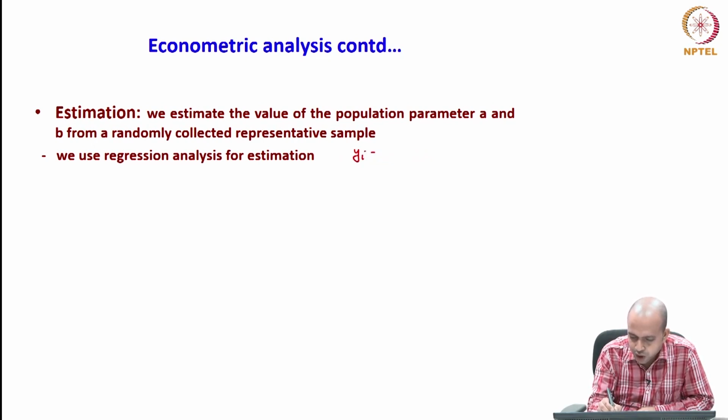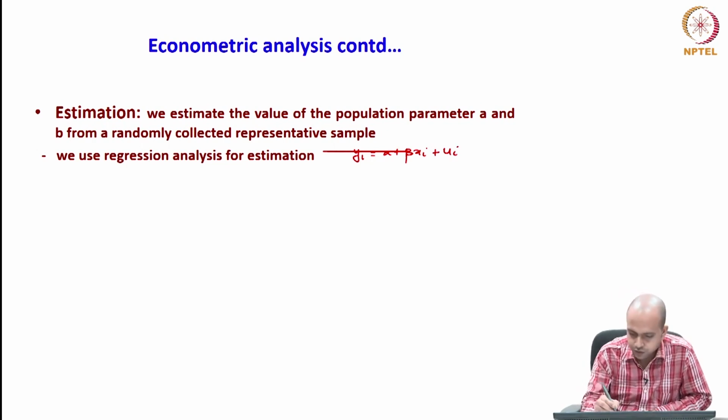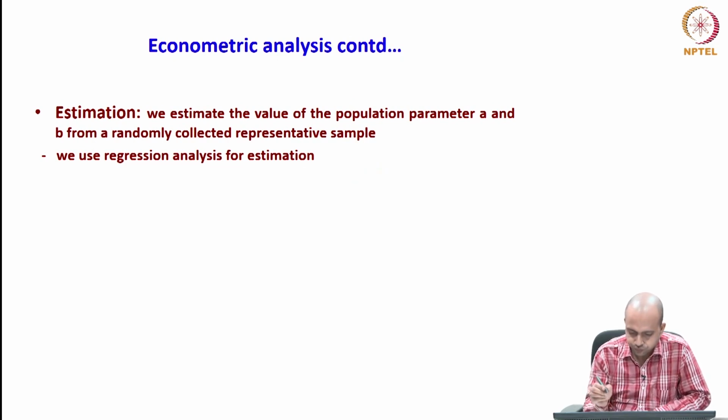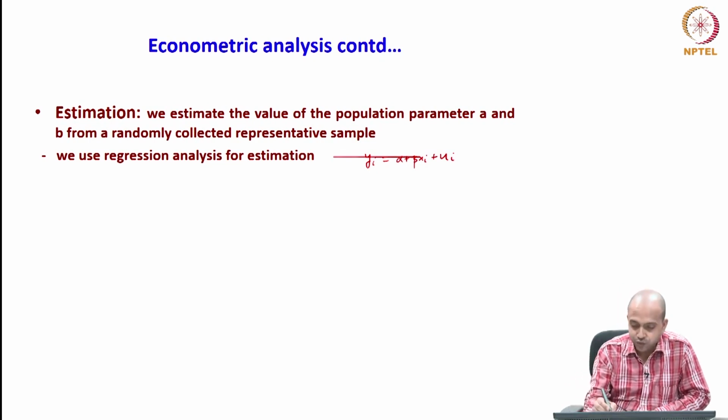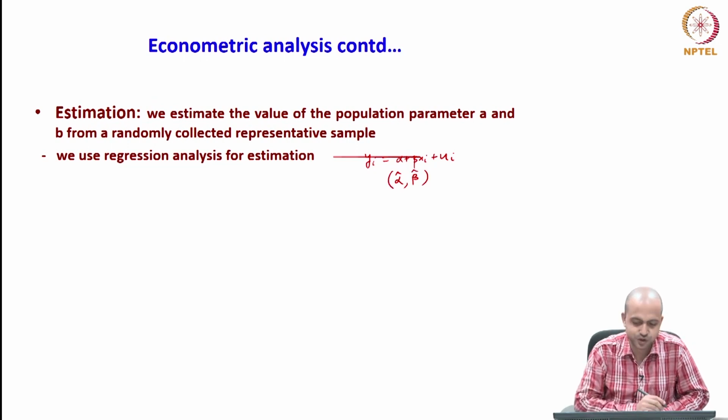Some disturbance is given. So yi equals alpha plus beta xi plus ui. That is the model we are going to discuss, and we need to estimate this alpha hat and beta hat. That is called estimation. Okay?